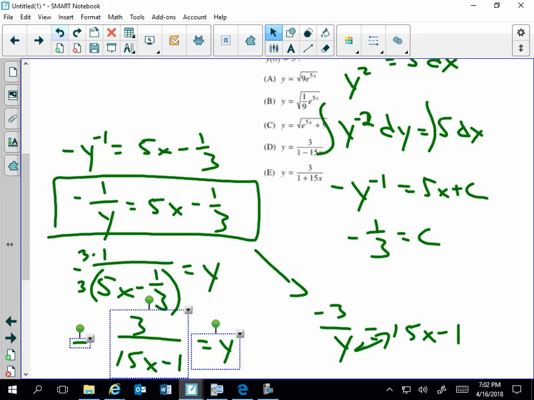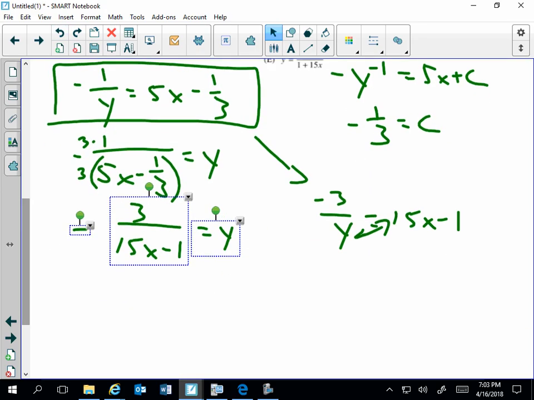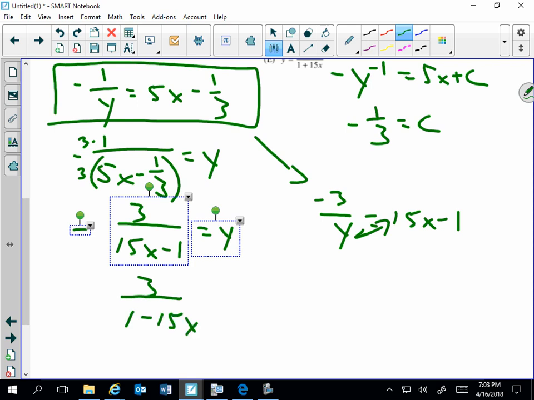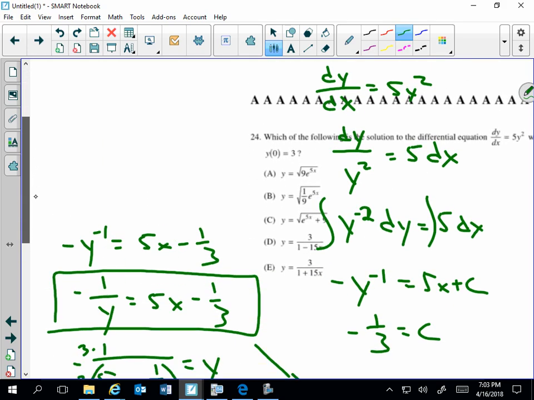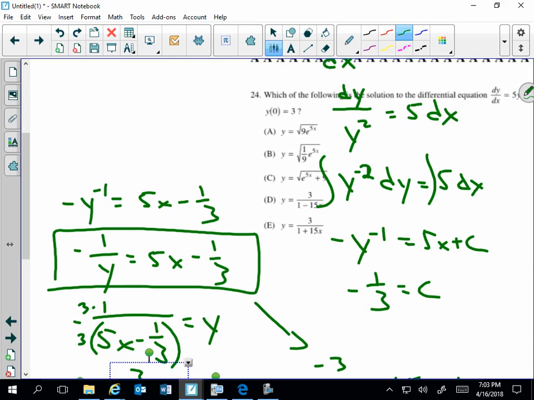And, all right, we can do this. Smarter than the average cat. So we get 3 over 1 minus 15x. 3 over 1 minus 15x. Wow. 3 over 1 minus 15x. D. Sorry. It's almost 8 o'clock at night. I am definitely too late to be here at the school.